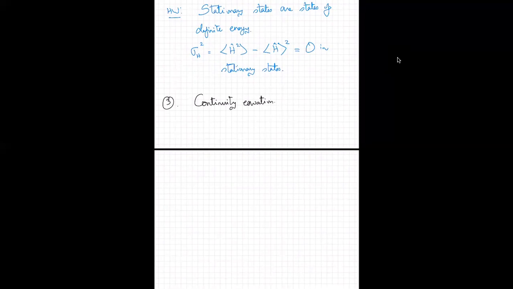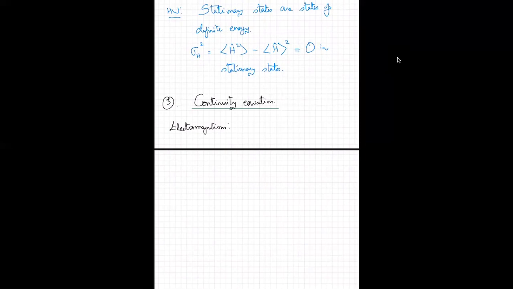Now, for those of you who remember a little bit of electromagnetism or who are studying electromagnetism currently, in electromagnetism, there is conservation of electric charge. Whenever there is a conservation of a physical quantity, there is an equation that describes this particular conservation, and that is called the continuity equation.